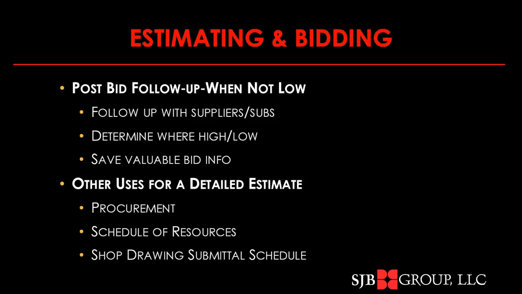And we may want to save some valuable information for use in subsequent bids. We'll want to use our estimate for procurement for the project, to schedule our use of resources for the project, and to get our submittals underway.